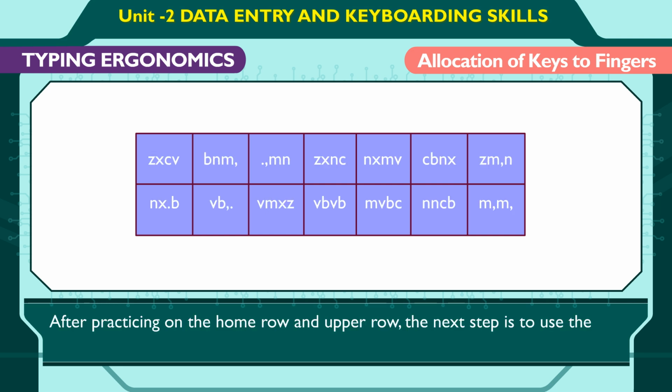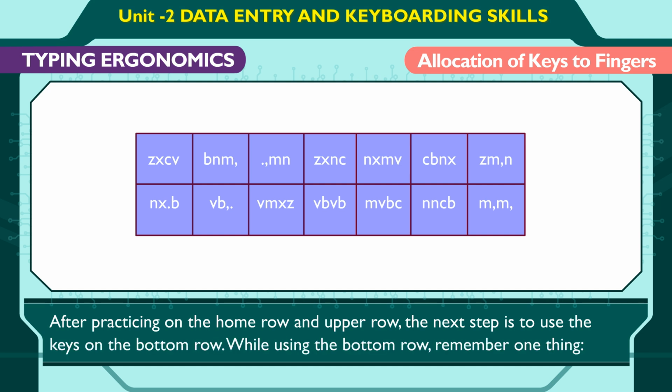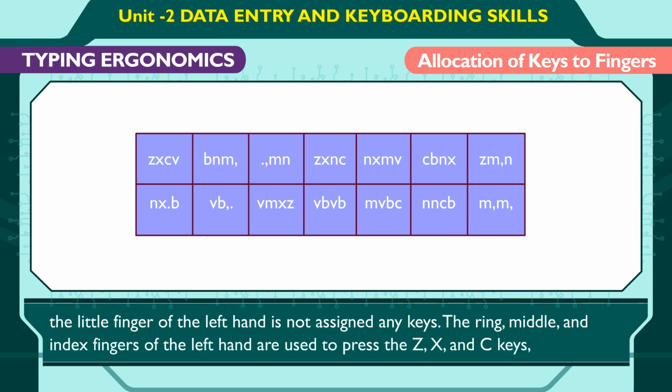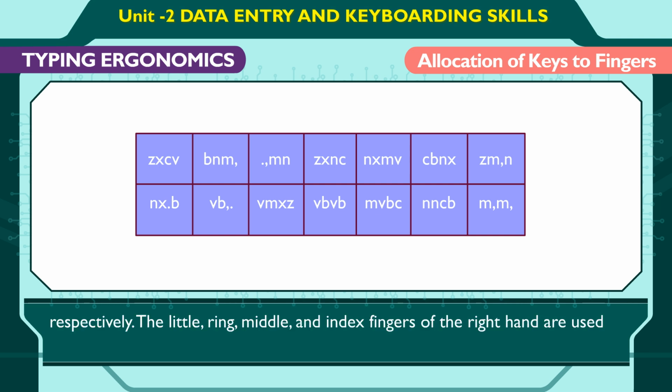After practicing on the home row and upper row, the next step is to use the keys on the bottom row. While using the bottom row, remember one thing. The little finger of the left hand is not assigned any keys. The ring, middle and index fingers of the left hand are used to press the Z, X and C keys respectively.